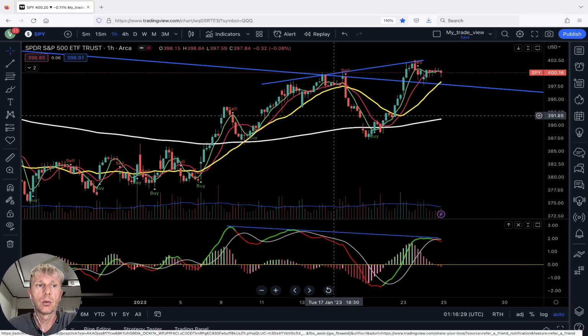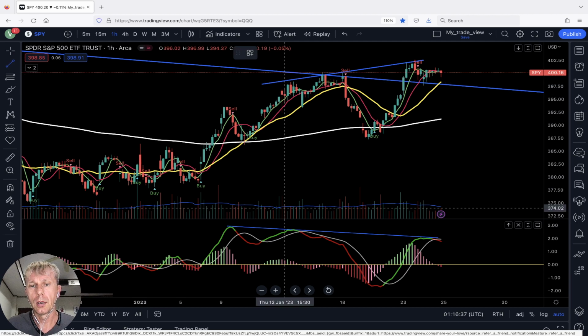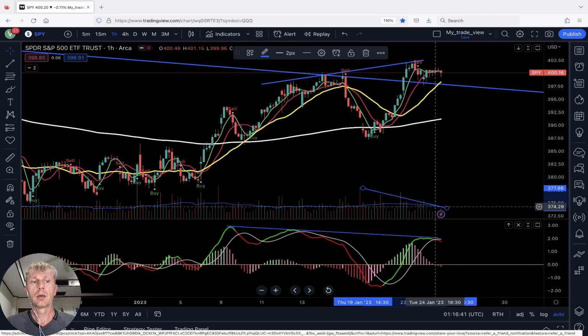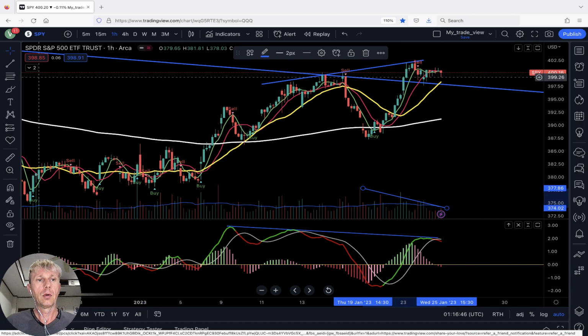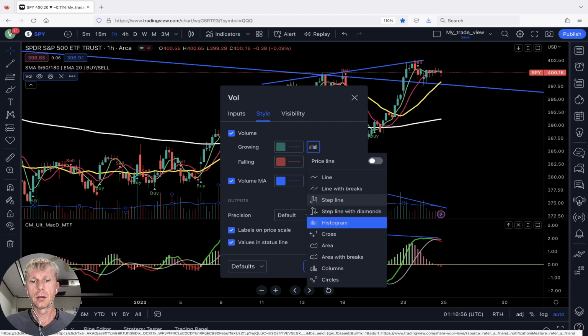Let me show you the bearish divergences for volume. For volume, let me make it a little bit better, like this.